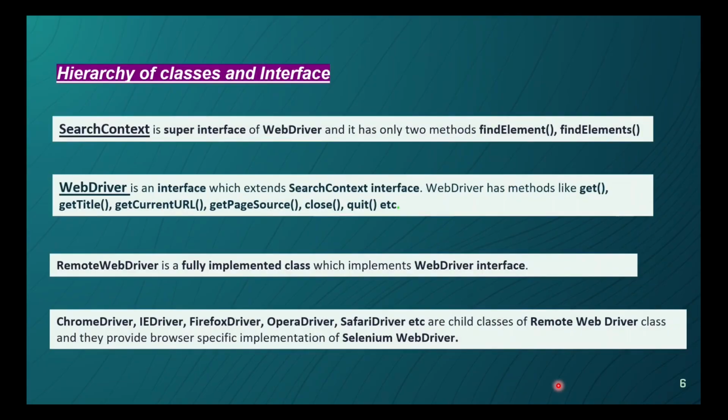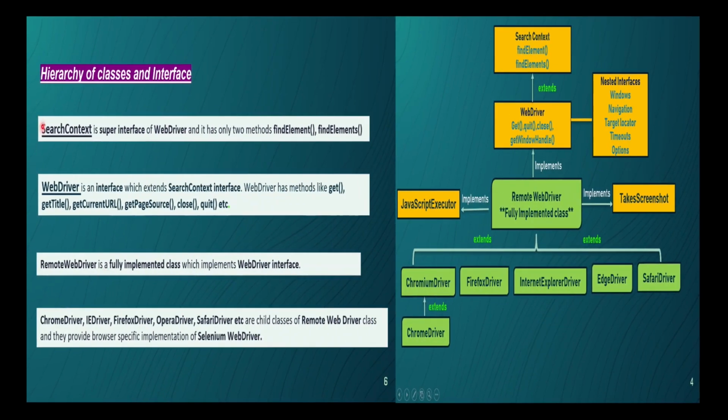So the next thing that we learned is about the hierarchy of the classes and the interfaces. First we learned about SearchContext. It is a super interface of the WebDriver and it has only two methods, that is findElement and findElements. Next, we learned that WebDriver is an interface which extends the SearchContext interface, and WebDriver has methods like get, getTitle, getCurrentUrl, close, quit, etc. It has many methods, and also it has nested interfaces.